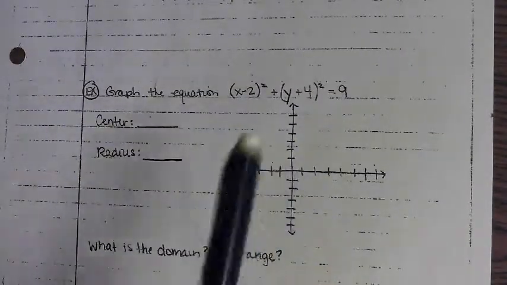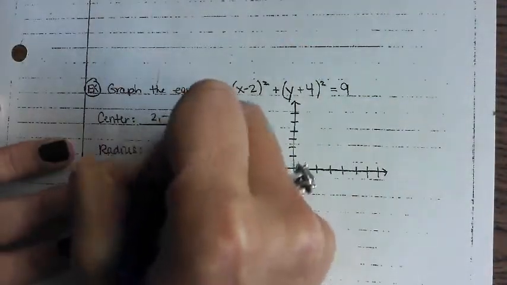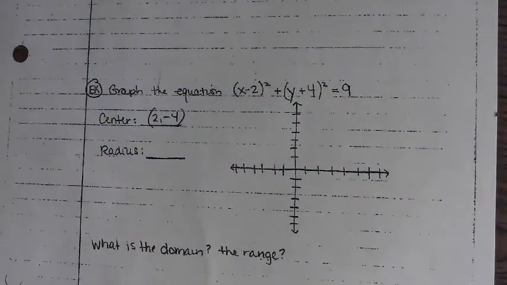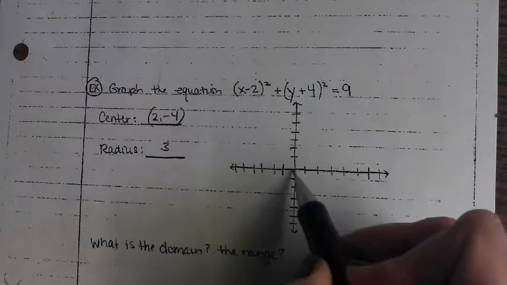Graphing an equation, obviously we need to pull the center from that. Trista, what's the center coordinates? Say it again. Yes. Sorry, I was looking at this one. 2, -4. And your radius, Marissa? 3. So we're just going to graph that.